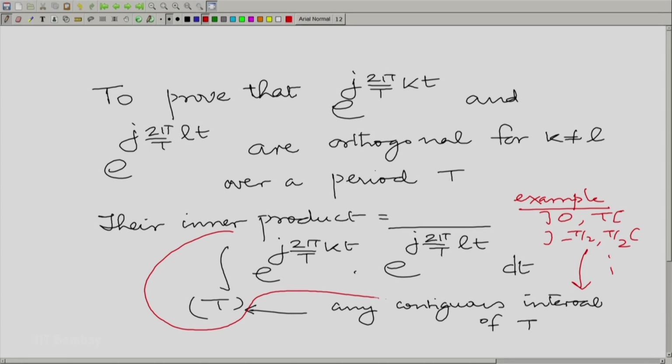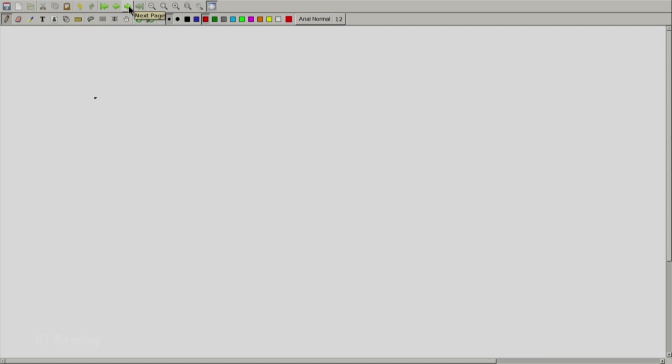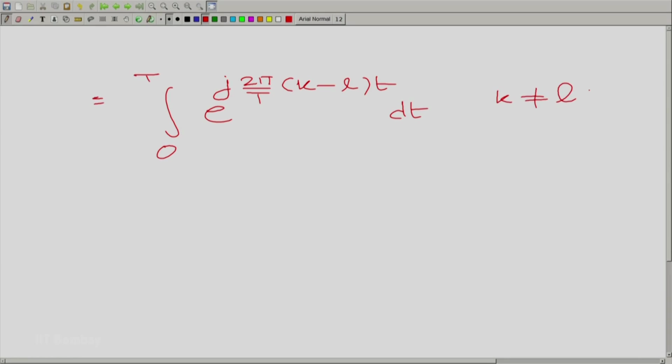So, going back to the previous one, we are trying to evaluate this integral here, and that is very easy to do. It is simply the integral over any interval, let us take 0 to T, does not matter, of e raised to the power j 2 pi by T (k minus L) t dt, and remember k is not equal to L. This is a very easy integral to evaluate.